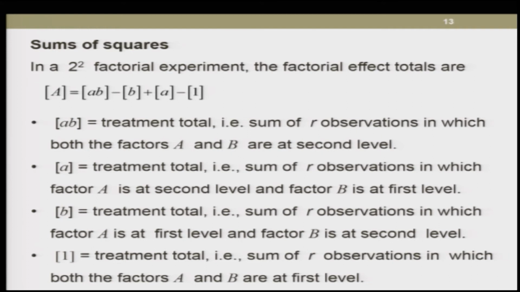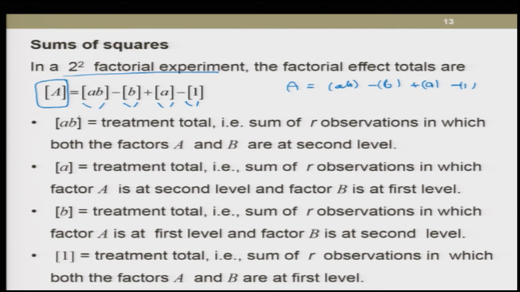For example, in the case of 2 square factorial experiment, this A was given as ab minus b plus a minus 1. But now I am writing square bracket, and inside the square bracket I am writing a, and similarly I write the other treatment combinations.